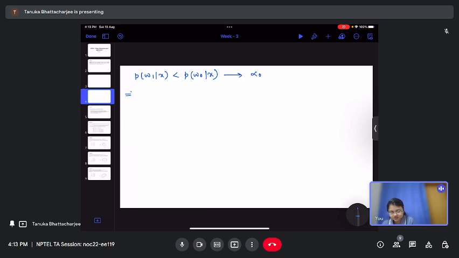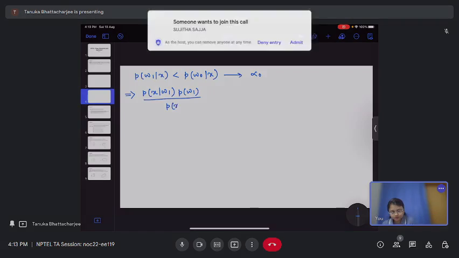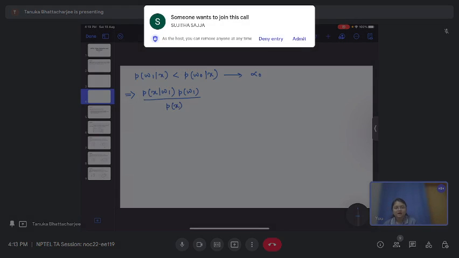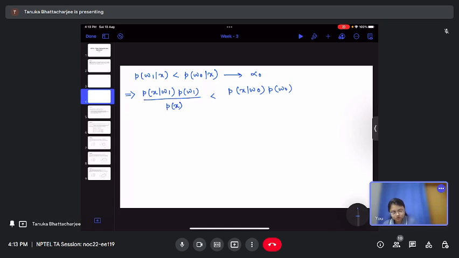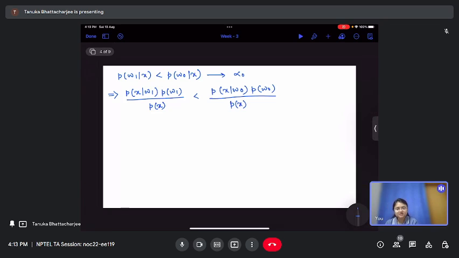Now, these are the posterior probabilities. So, we can express this as p of x given omega 1 into p of omega 1 divided by p of x, and that should be less than p of x given omega 0 into p of omega 0 divided by p of x. Since p of x is a positive quantity and it's present in both sides, we can simply cancel this out.